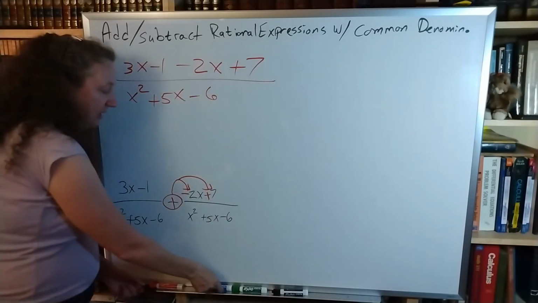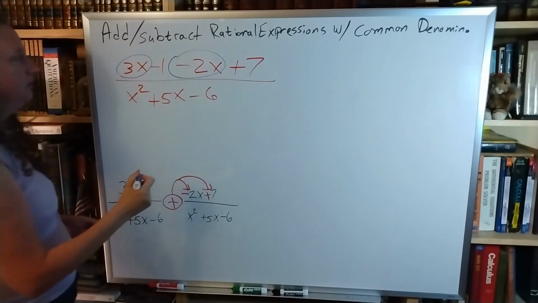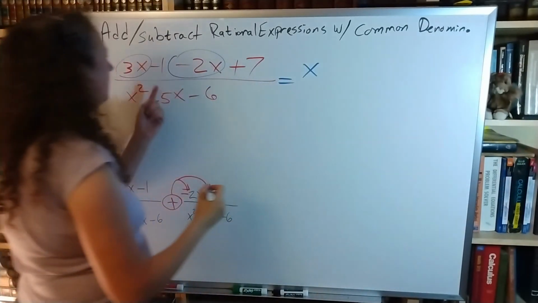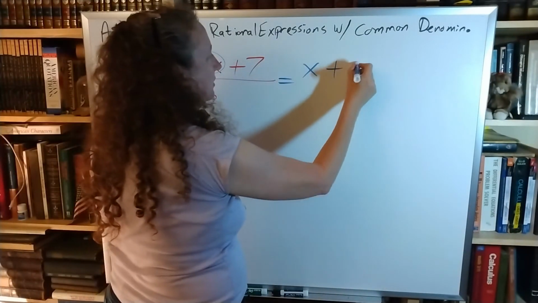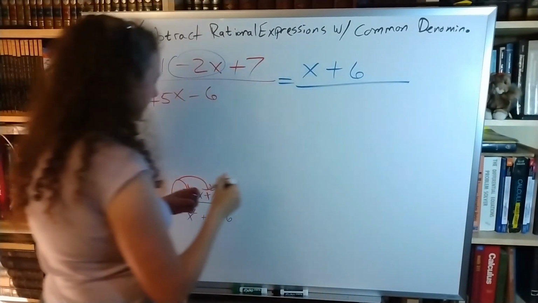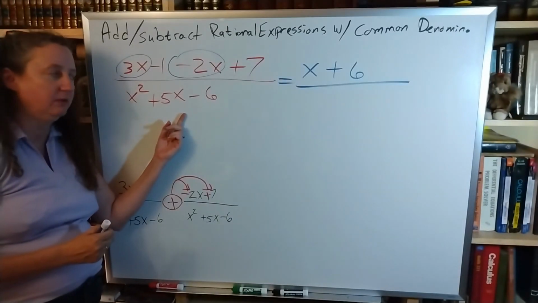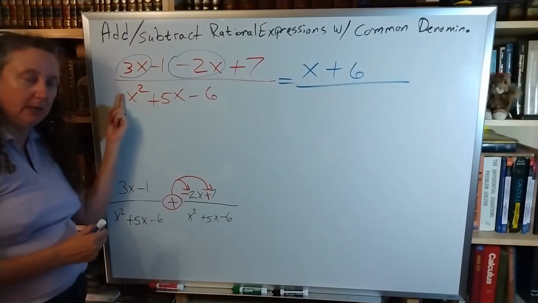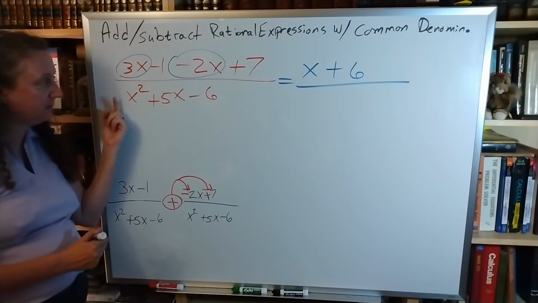I need to combine my like terms. 3x minus 2x is 1x. Minus 1 plus 7 is plus 6. Over. And I'm going to check, can I factor this out? I think I can. My leading coefficient is 1, so I can use my shortcut.